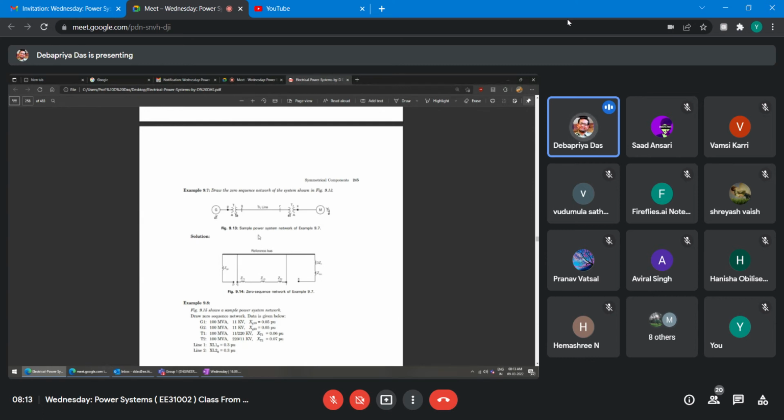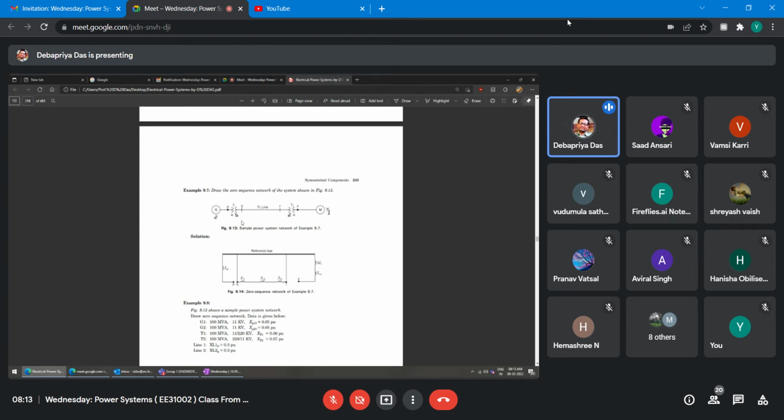Now the question is, for the zero sequence diagram, what will you do? You will take a reference line. Look, this side is delta, this side is star, and if any grounding impedance is there, whatever it is, if Z0 is not there, then it is zero.